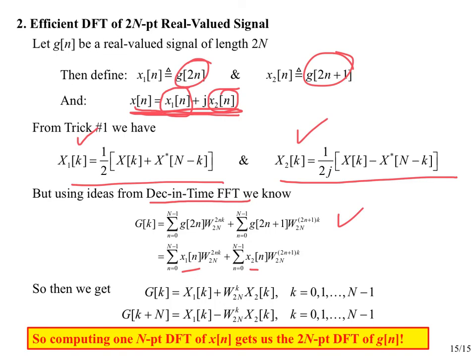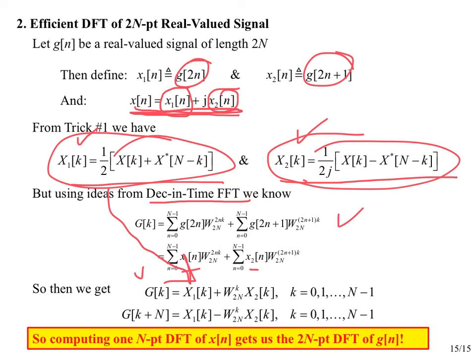So we can end up getting g of k. We do this trick to get the x1, which goes in there. We do this trick to get the x2 that goes in there, and we evaluate that for k equals 0 to n minus 1.